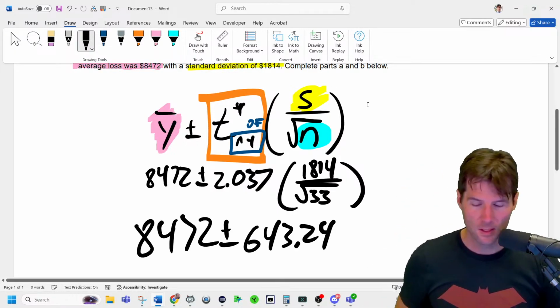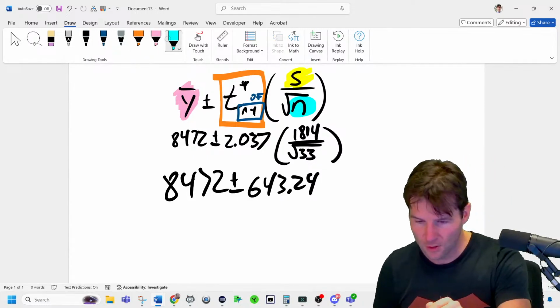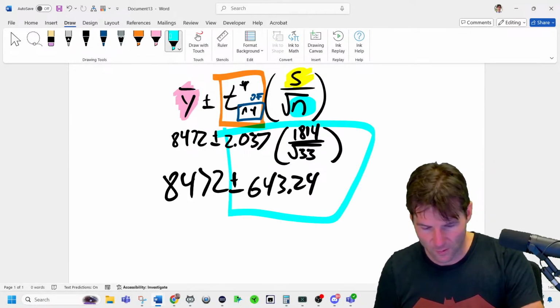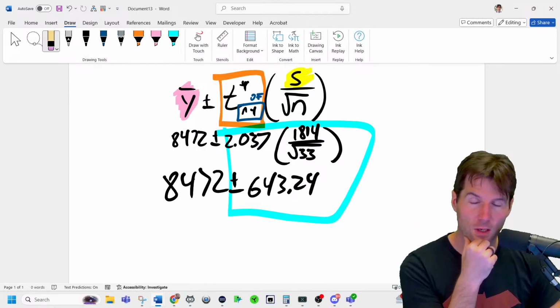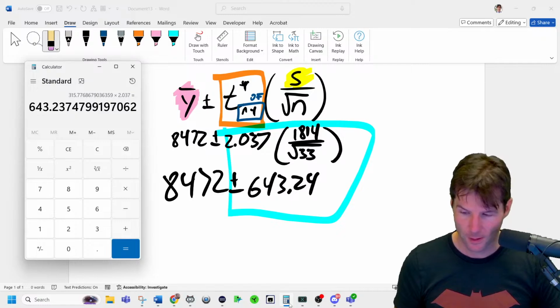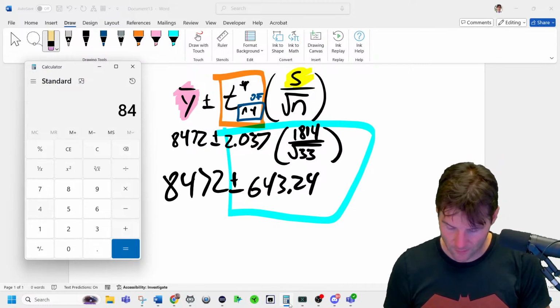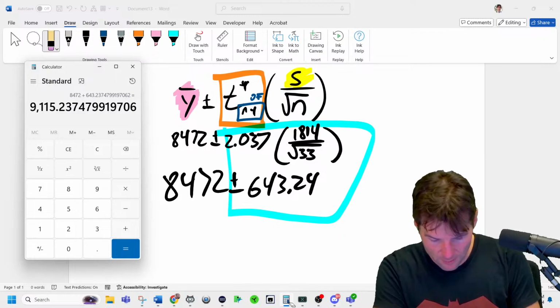Is it making sense, everyone? DD Noel, is it making sense? I always go and find the margin of error first. That is not N anymore, so maybe I should erase the coloring right there. I solve the margin of error, and now that I have it, we get the lower and the upper. So the upper is going to be 8472 plus this, which is 9115.